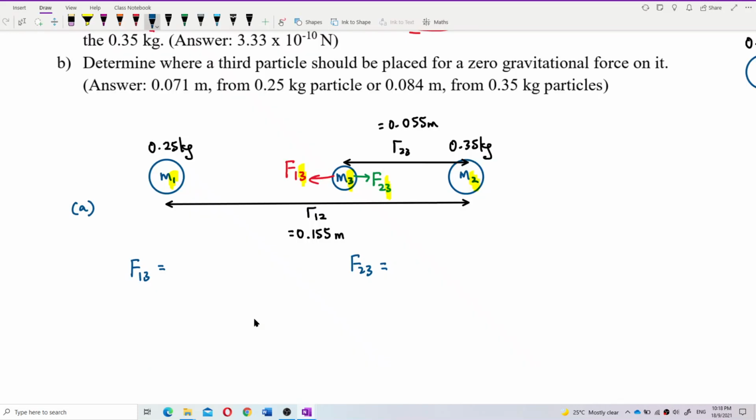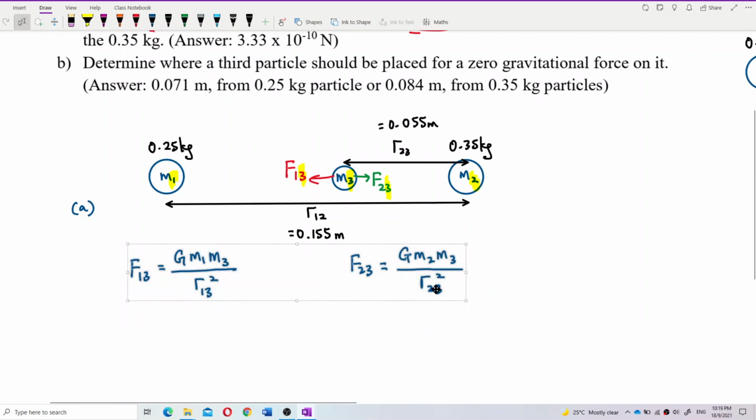So we can put it as G M1 M3 because it's between 1 and 3. So put mass 1 and mass 3 over R13 square. And then for the other, F23 is between mass 2 and mass 3, so we use mass 2 and mass 3. Understand? Mass 2 and mass 3, and then divide by the distance between 2 and 3.